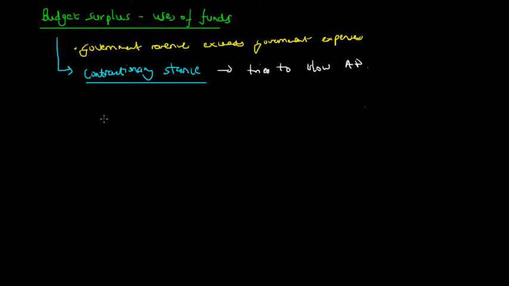Okay, so now we're going to look at the uses of funds by the government when their tax revenue exceeds their government expenses. Firstly, they could repay debt. We know that the achievement of external stability means that our international financial commitments are met and that we're living within our means. At the moment we have a net foreign debt of around 60 billion.